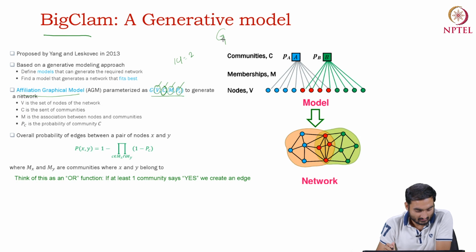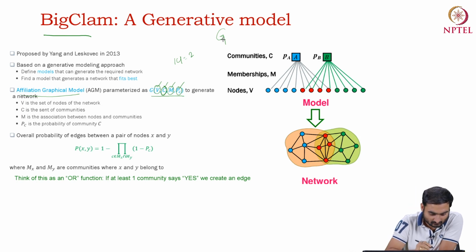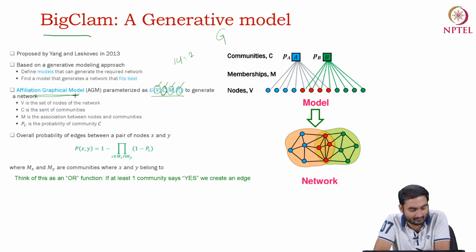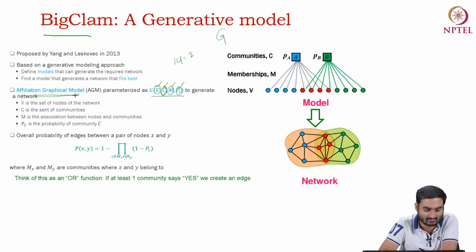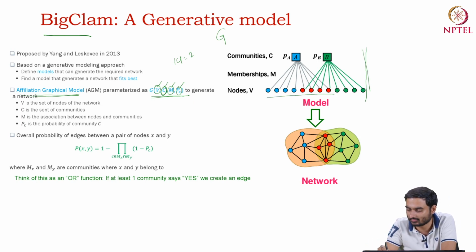This is the idea. So, this method was proposed by Yang and Leskovec in 2012, and in the affiliation graphical model, it is called AGM. These are the parameters, and it looks basically like this. You have a set of nodes, and let us assume that you know that there are two communities, community A, community B. We also define something called, say, PC.